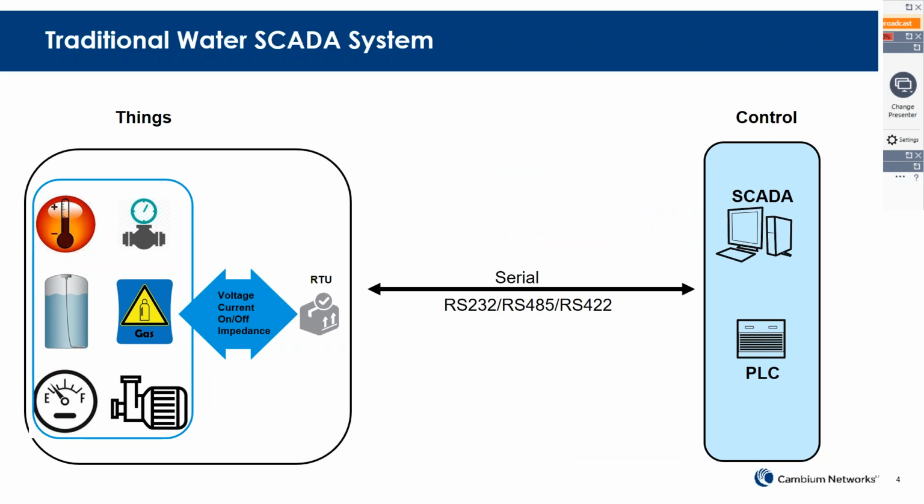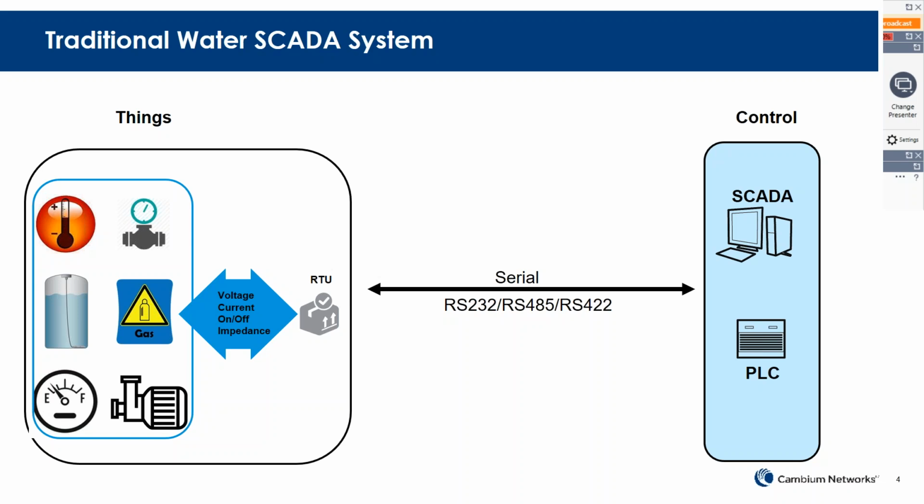You still have the things, but typically these things will be connected to an RTU, and to connect to the SCADA controller or PLC, you use a serial line such as RS-232, RS-485, and RS-422. So there's a limitation to this serial protocol, of course.